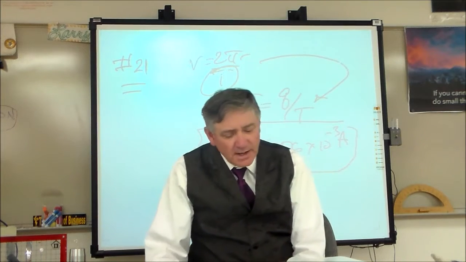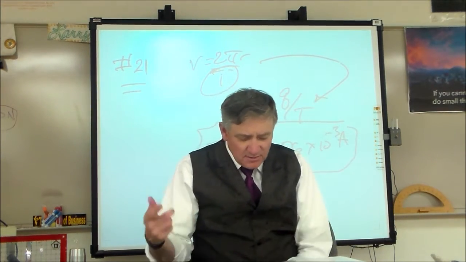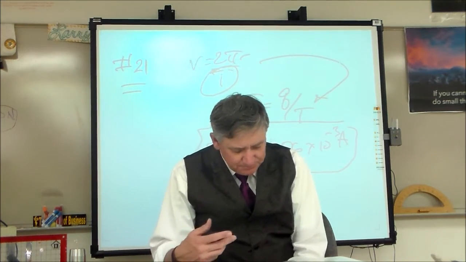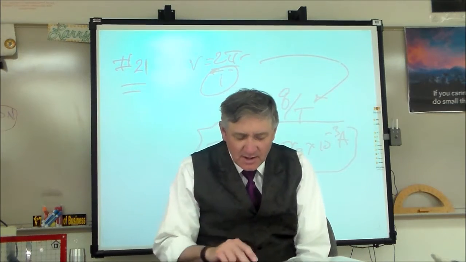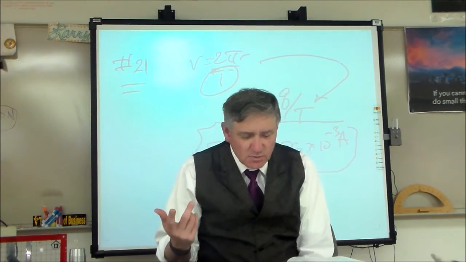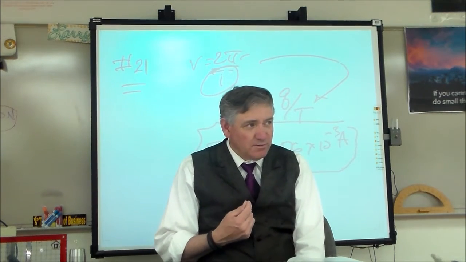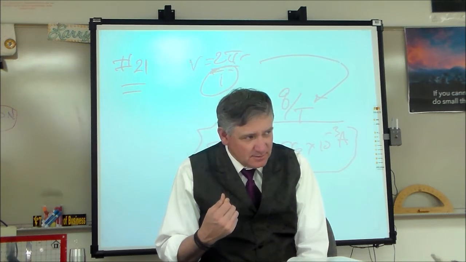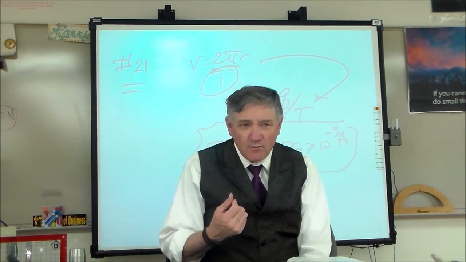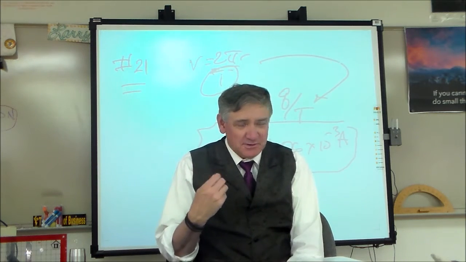So you get like 13 Tesla. The Earth's magnetic field is like 5 times 10 to the negative fifth. So this magnetic field would be like 10,000 times stronger than the Earth's magnetic field, which would mean that we would be basically really strong magnets.